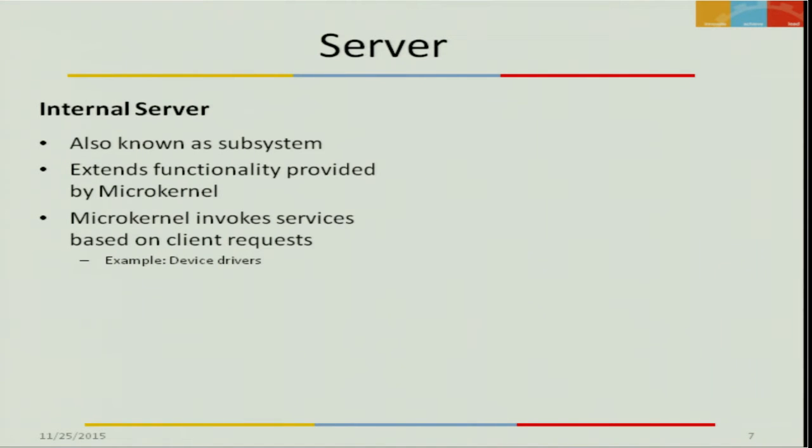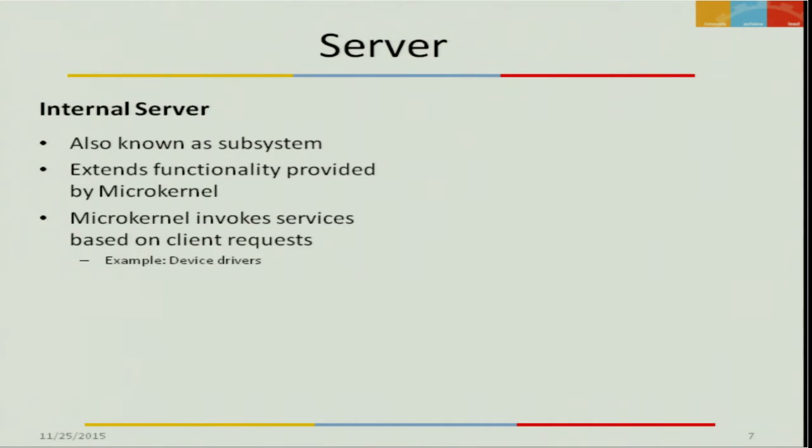The way it performs the request is that it interprets the request, and then it executes the appropriate services. For that it might take the help of an internal server, and then it returns the result to the client.